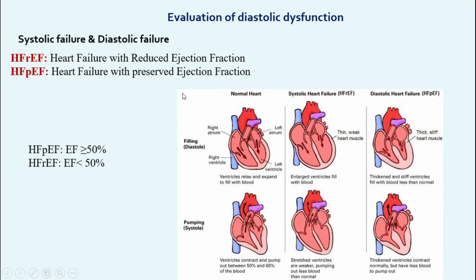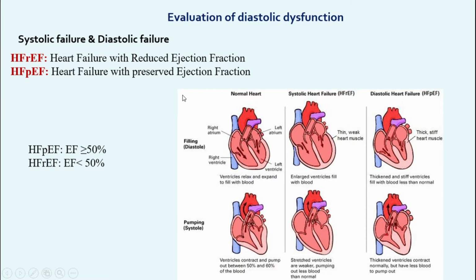Based on the mechanism, heart failure can be divided into two groups, systolic and diastolic. In systolic failure, the pumping has a problem and the heart cannot eject blood effectively, and we call it heart failure with reduced ejection fraction. Another group is when we have only diastolic dysfunction. In this group, the pumping doesn't have a problem and ejection fraction stays at a normal level, and we call it heart failure with preserved ejection fraction.